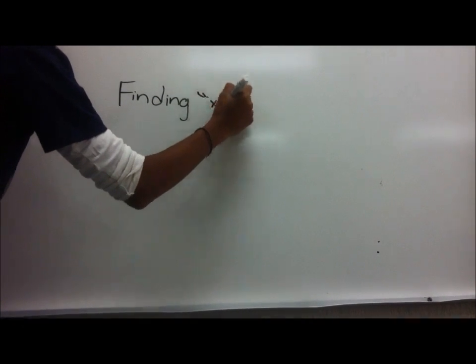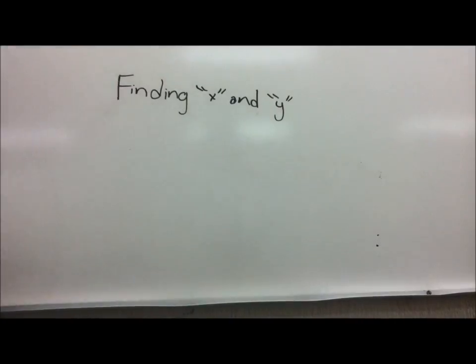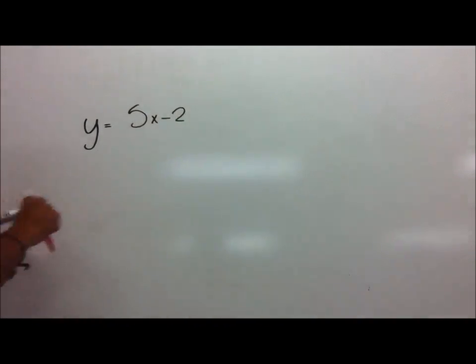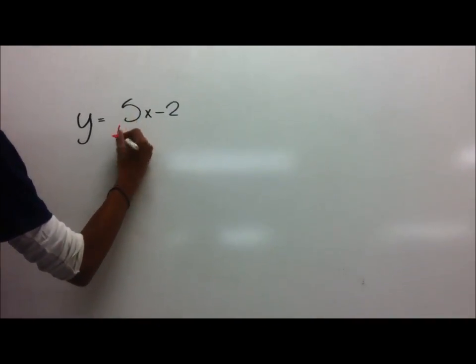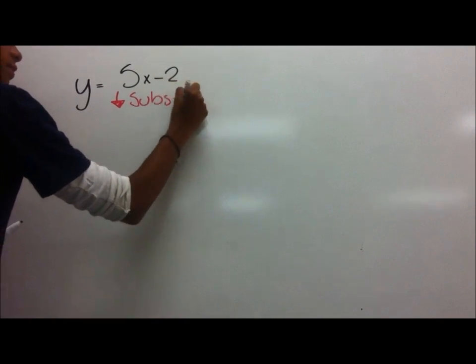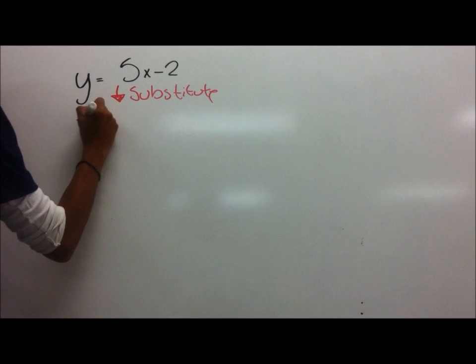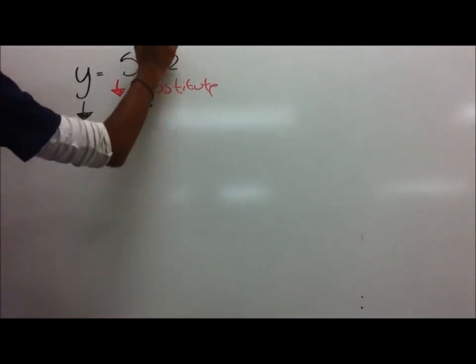Now I'm going to show you graphically a hole, but first we need to find x and y. As we know, y is equal to 5x minus 2, we can substitute the values for x and for y. And for me it's easier to substitute variables x and y for 0.